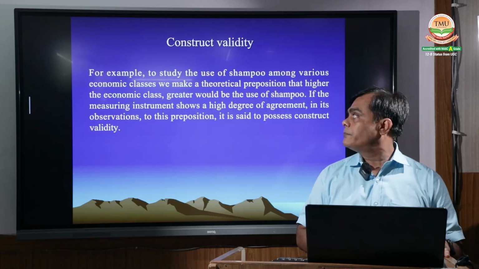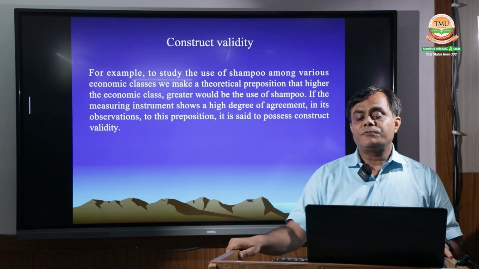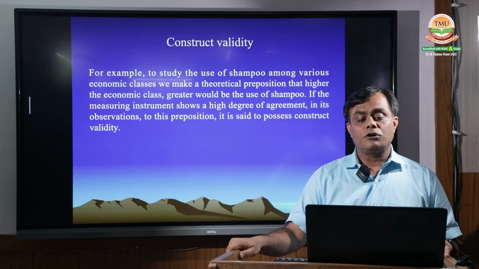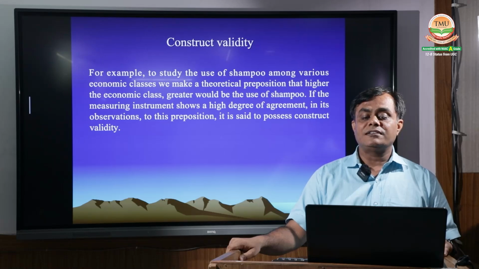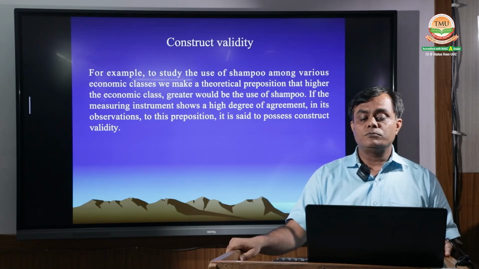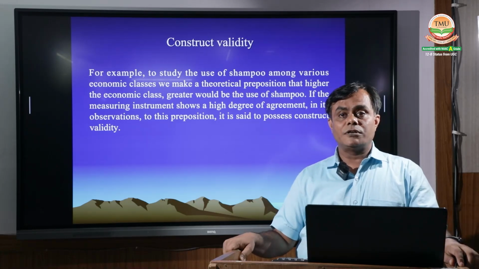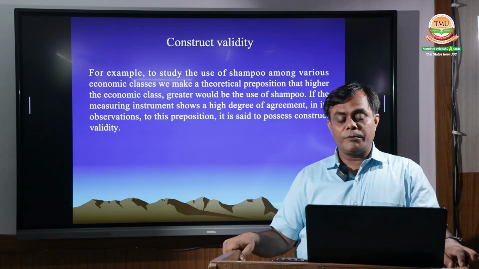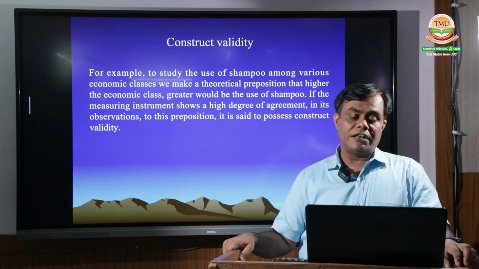Here is the construct validity example in this slide. To study the use of shampoo among various economic classes, a theoretical position is made that the higher the economic class, the greater the use of shampoo. If the measurement instruments show a higher degree of agreement with the observation, the proposition is said to possess construct validity.